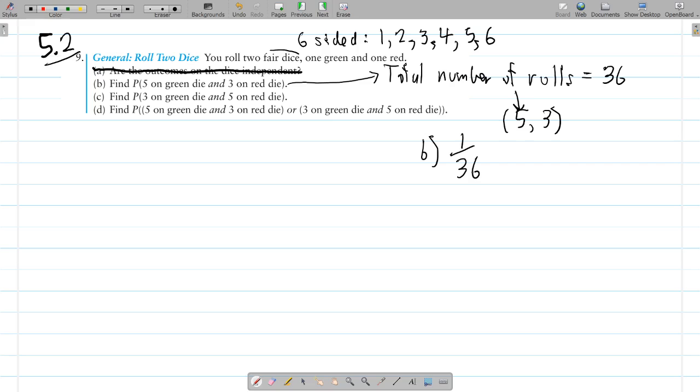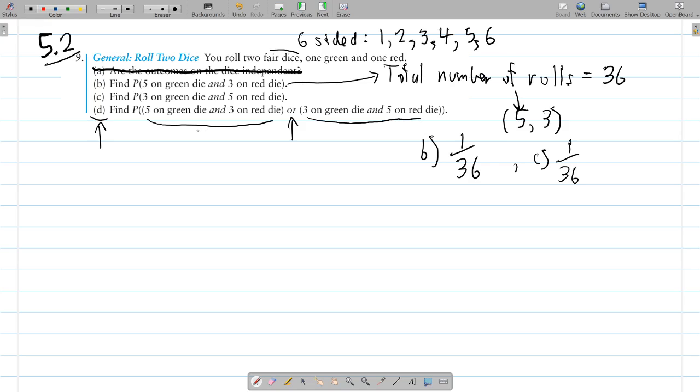And likewise, the answer for C is also 1 over 36. Let's look at D now. D says, well, what's the probability that you get 5 on the green and 3 on the red, or you get it the other way around, 3 on the green, 5 on the red.